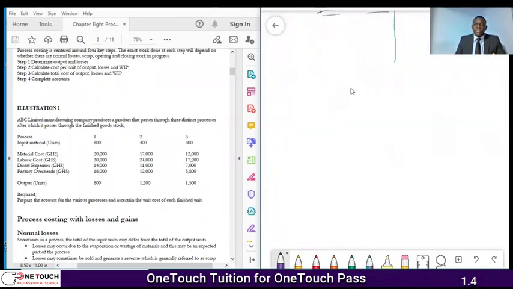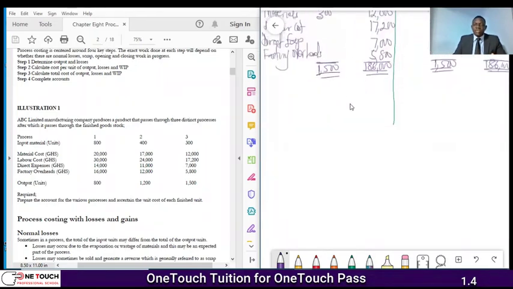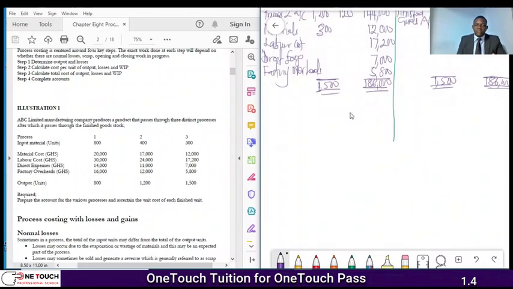So let's look at the finished goods account. The finished goods account, how would that look like?